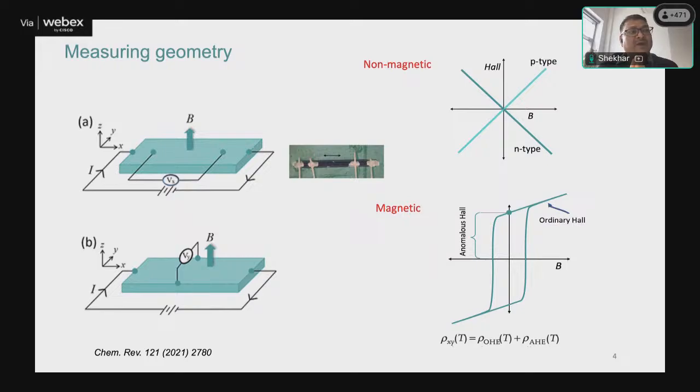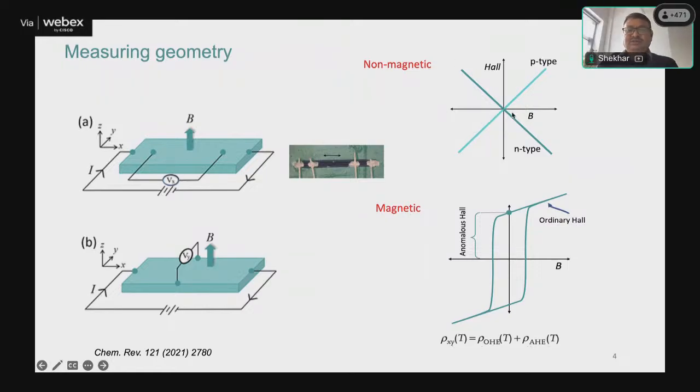But when we have a system where we can apply a field and change the temperature, that means we have temperature dependent resistance, then field dependent resistance, and also a variety of samples: magnetic samples, non-magnetic samples.